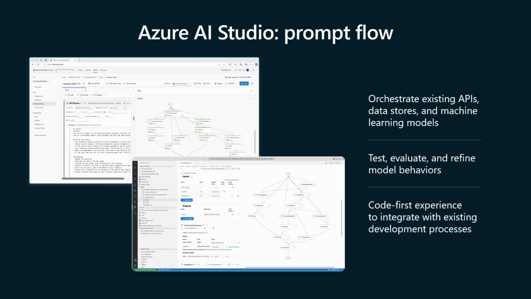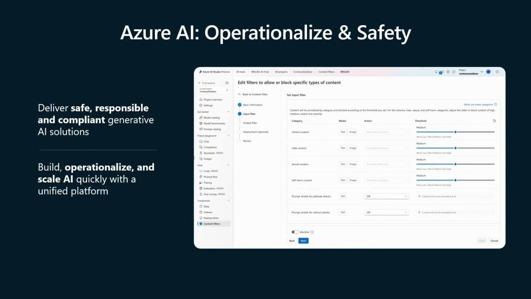So that's something that in Azure AI Studio is really unique to that. Also, with Azure AI Studio, you are able to deliver safe, responsible, and compliant generative AI solutions, and to build and operationalize quickly with a unified platform.